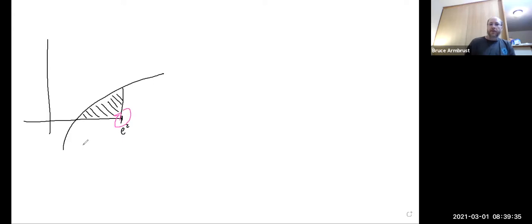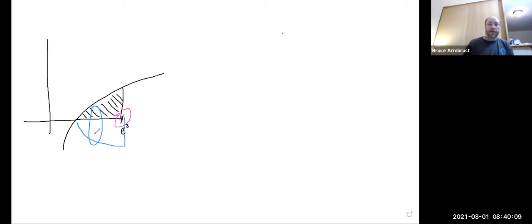All right, so let's remember what we do when we set these up. We have options. We can do it with slices. If we were to think about what a representative slice would look like, it would be that, right? Because our shape is going to come up here, and so those slices are going to be circles.